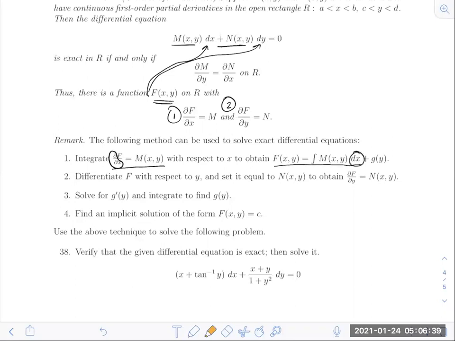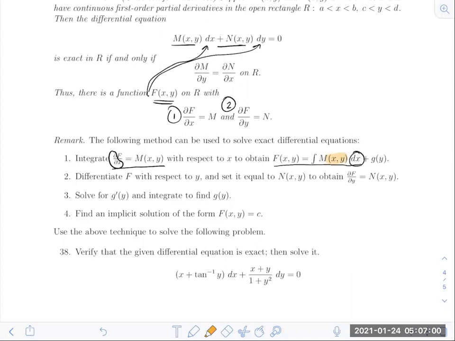Now remember here that M is a multivariable function. That's important. We're taking a partial integral of a multivariable function. So what that means is instead of tacking on a constant of integration in terms of plus c, we can no longer guarantee that that constant will in fact be a scalar constant.